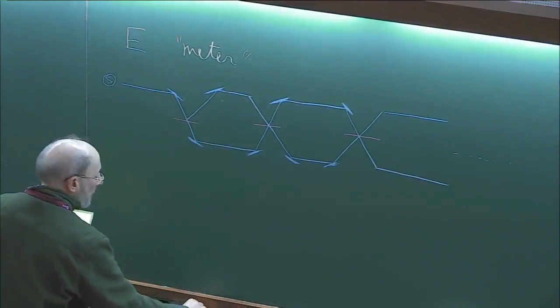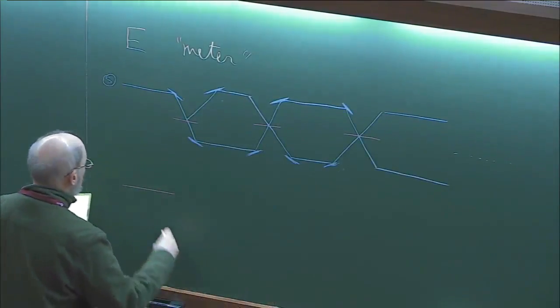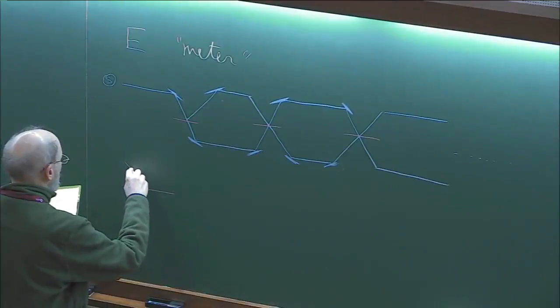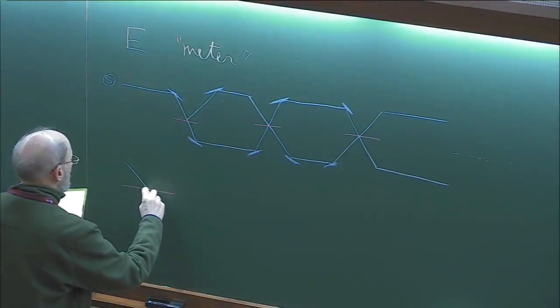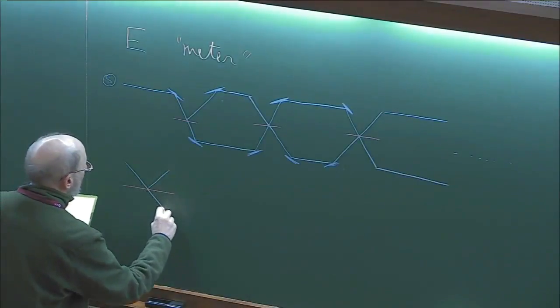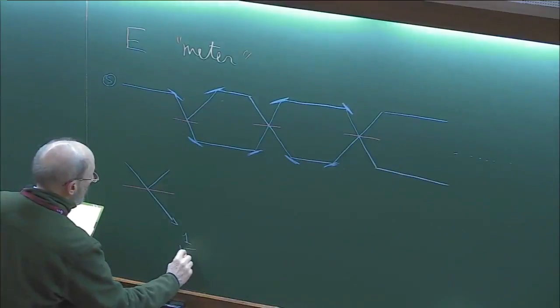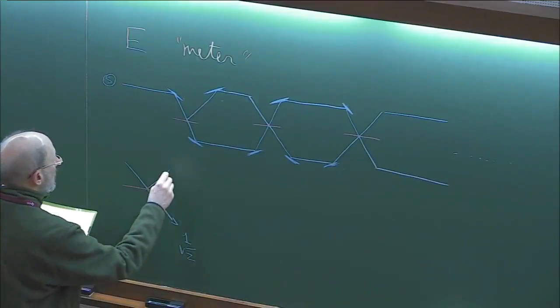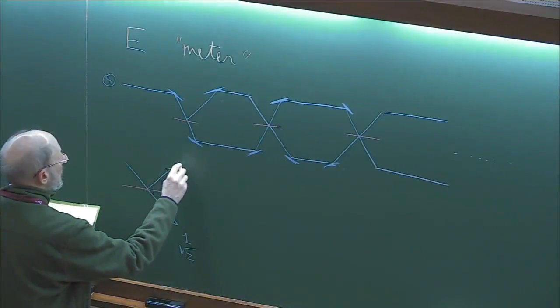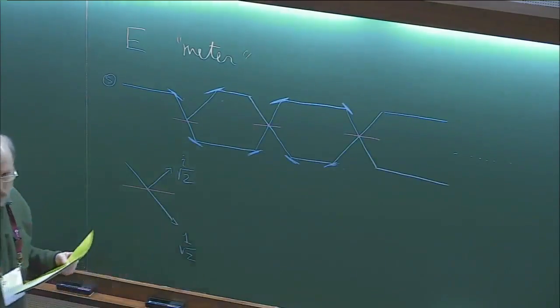I remind you that the way the beam splitter works is that, the normalization and phase convention we're using is that if the particle goes through, it's an amplitude of 1 over the square root of 2, and if the particle reflects, it's an amplitude of i over the square root of 2.